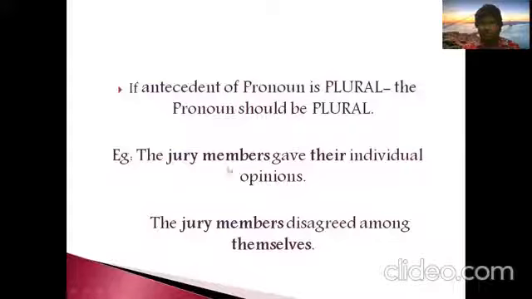So the jury members is plural, so that is the reason we used a plural pronoun. We can't say the jury members gave his or her individual opinions. If you say that, you take it for granted, you're going to make a mistake, right?